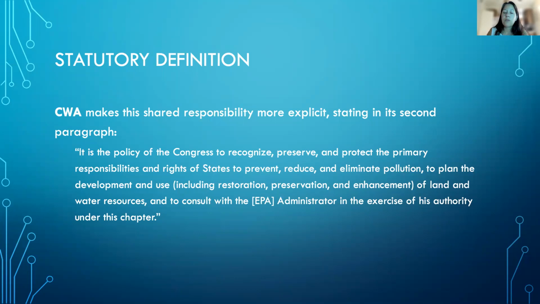In other words, the first part clearly recognizes the rights of the states to do these things, but it also gives an indicator that the federal government can potentially intervene in certain instances. It doesn't explicitly say that, it just leaves room for that to occur with consultation with the EPA administrator in the exercise of his authority. In other words, the federal government's authority in general to create change to protect the environment. But it wants to take the stand that the states still hold significant power over such issues.